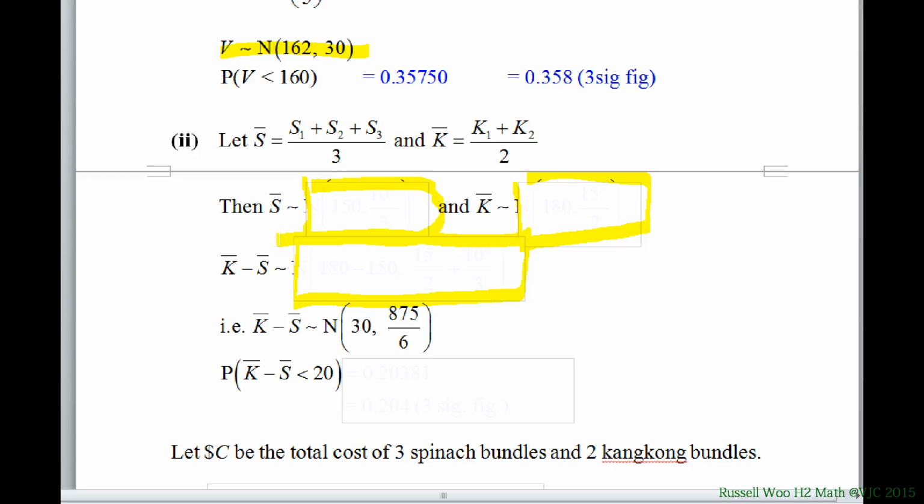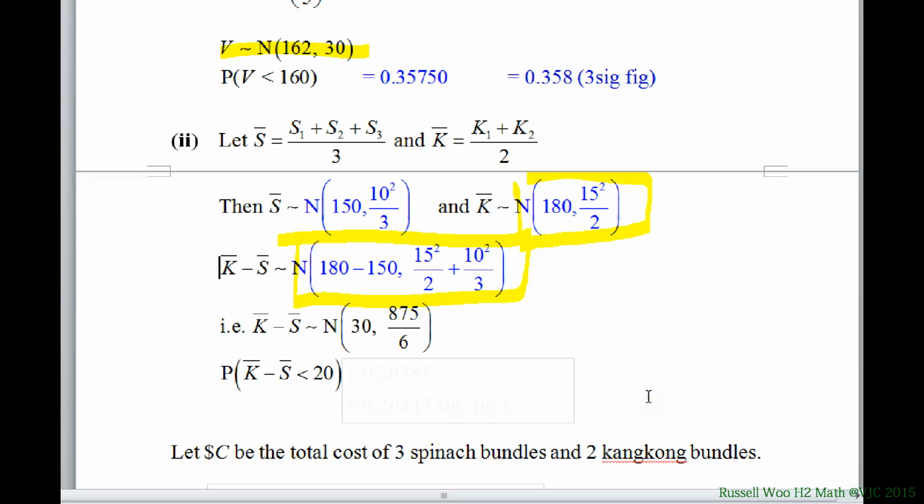Okay, very quickly. S bar should have this. Oh, sorry. K bar should have this. Then what we want is, what's the mean? We get this. Once we know, need me to say a bit more or no need? Do you know why?